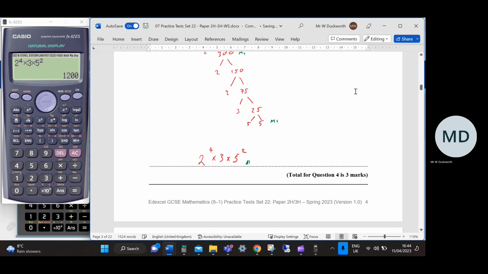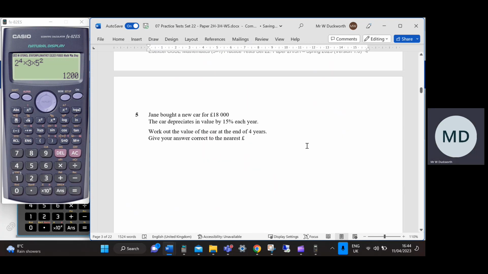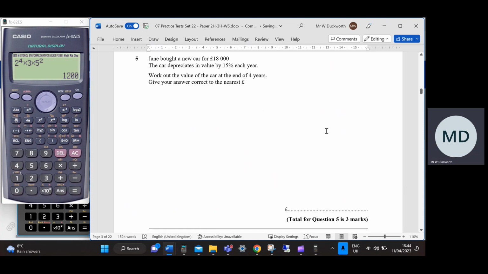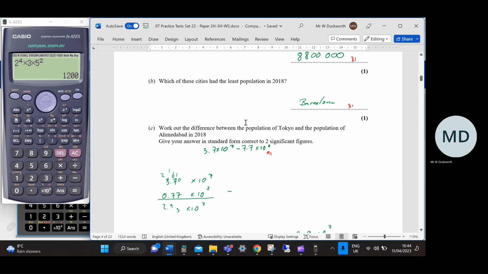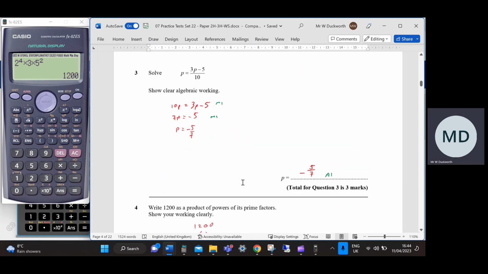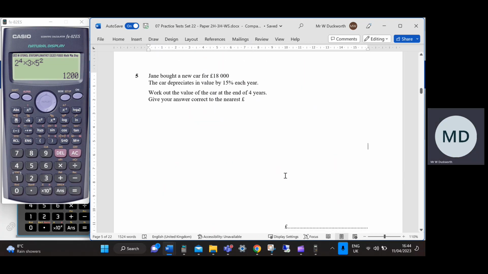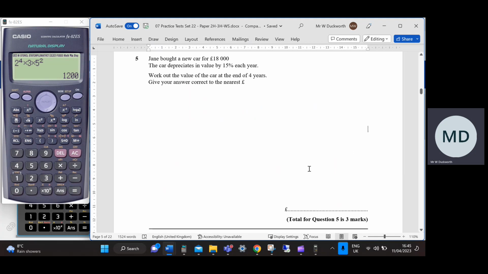Right. Okay, question 5 then. So Jane bought a car for £18,000. The car depreciated. I sometimes get numbers stuck in my head from papers. Okay. Jane bought a car for 18,000. The car depreciated in value by 15% each year.